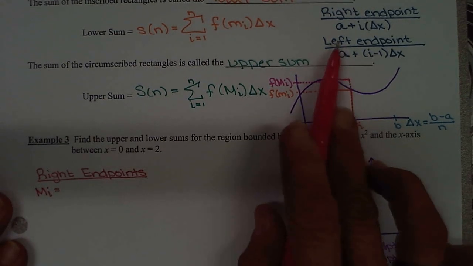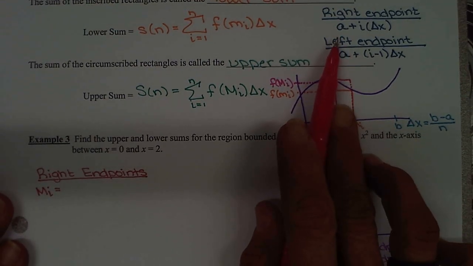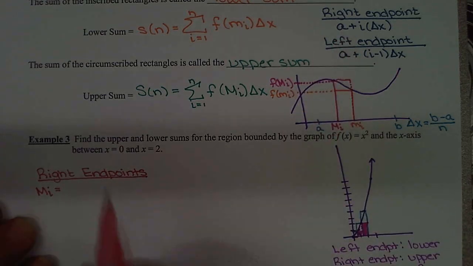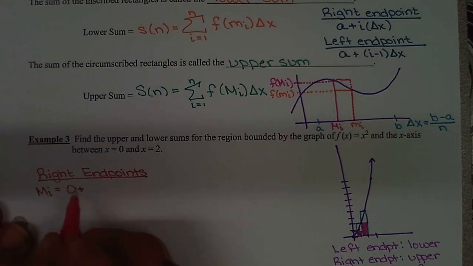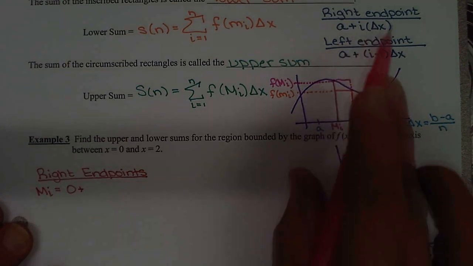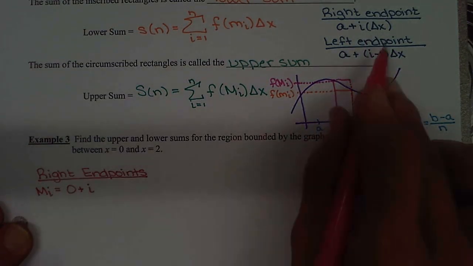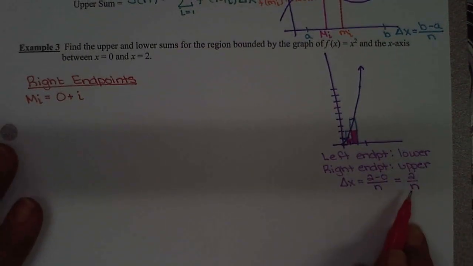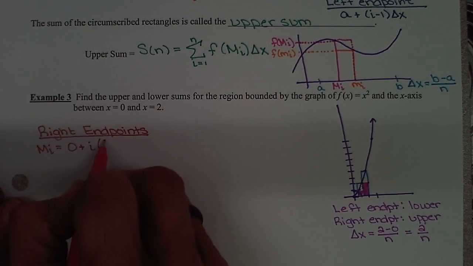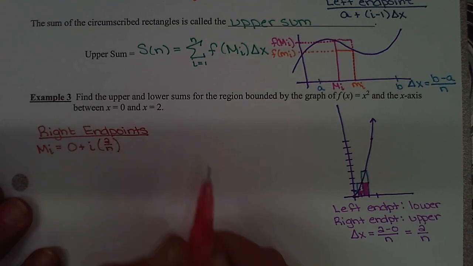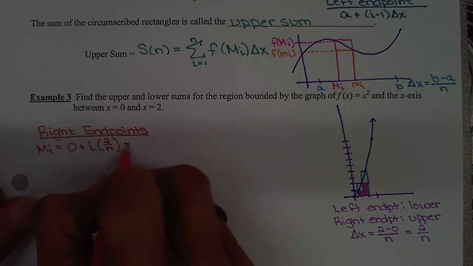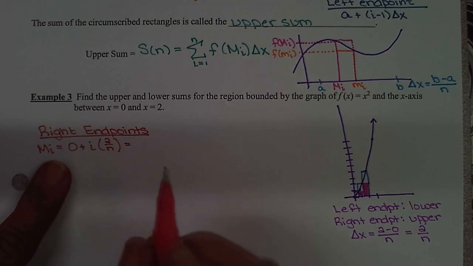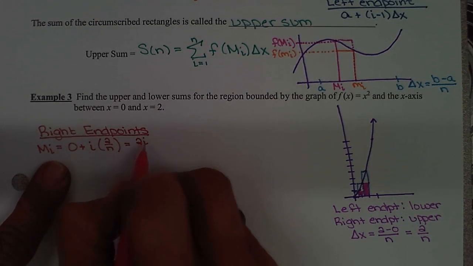And the formula to find my right endpoints says you have to take your starting value, which for us is 0, so 0 plus i times the delta x, and we found our delta x to be 2 over n. So times 2 over n. And if I simplify here, that 0 is not going to do anything to it. If I take the i up on the inside with it, it's just going to be 2i over n.